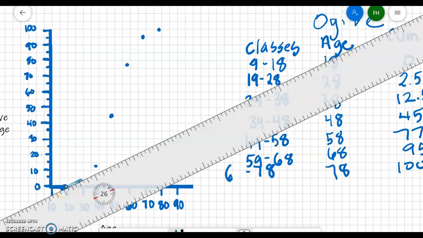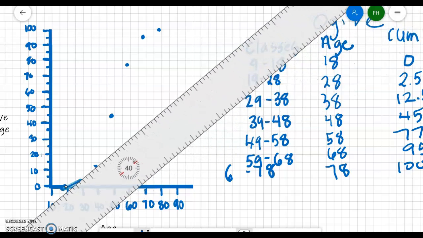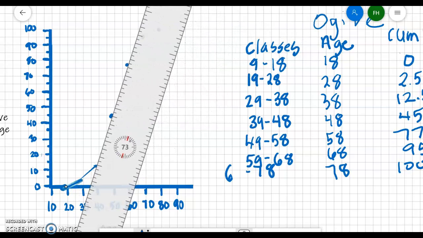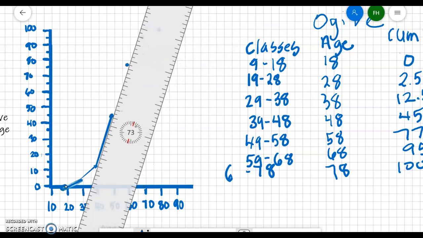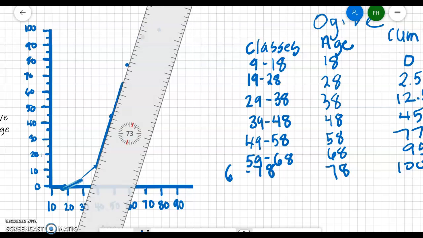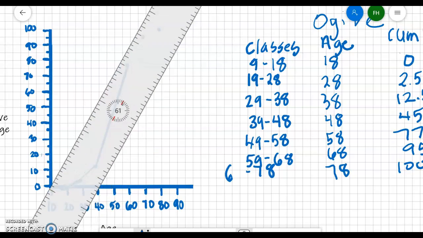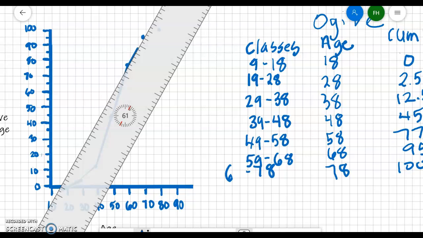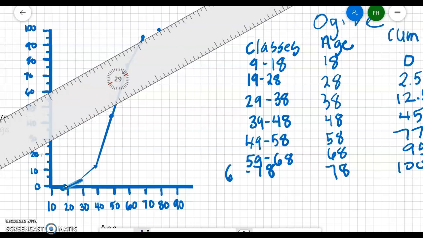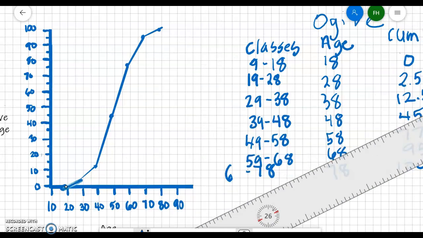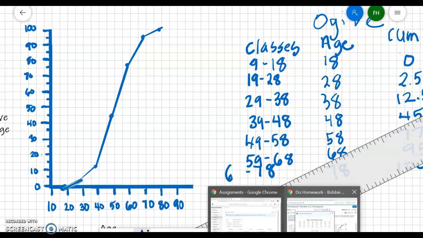When you're connecting your dots, just do the best that you can. Okay, and there is our laid off employees Ogive.